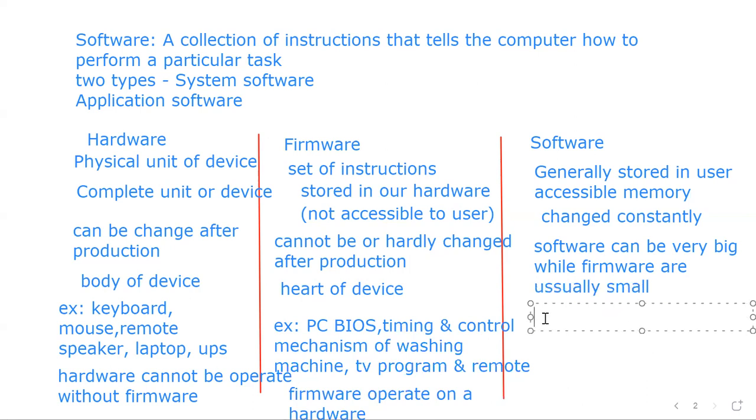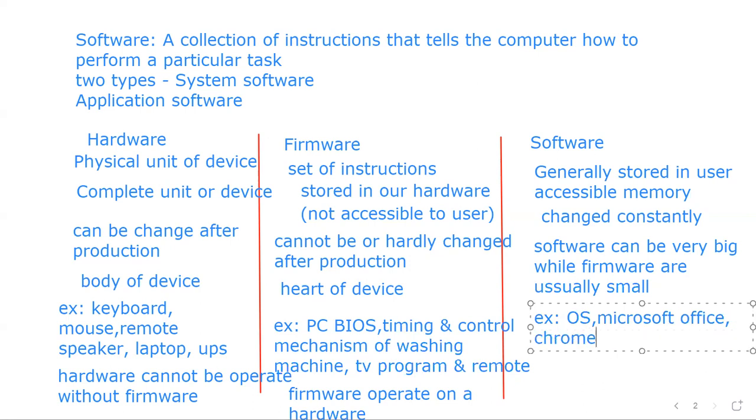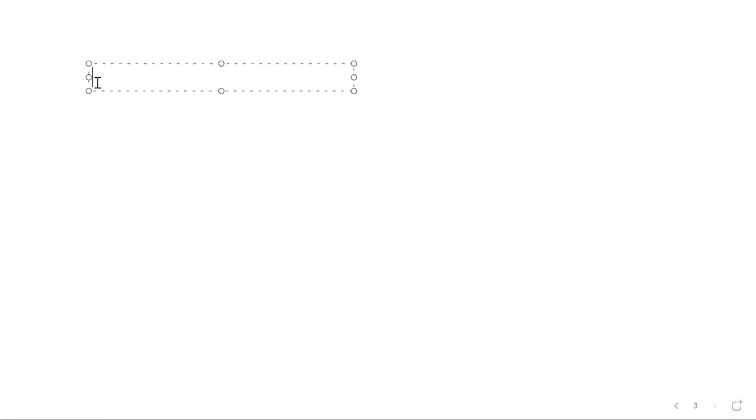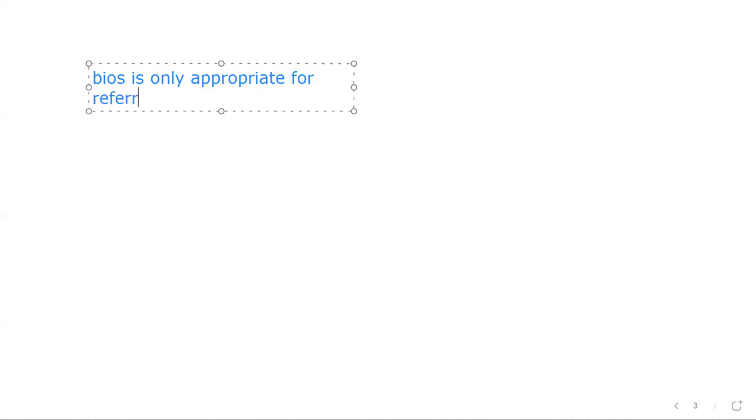Examples of software are operating system, Microsoft Office, Firefox, Chrome, etc. The main point to note about firmware is that BIOS is only appropriate for referring to the startup firmware of the motherboard itself.